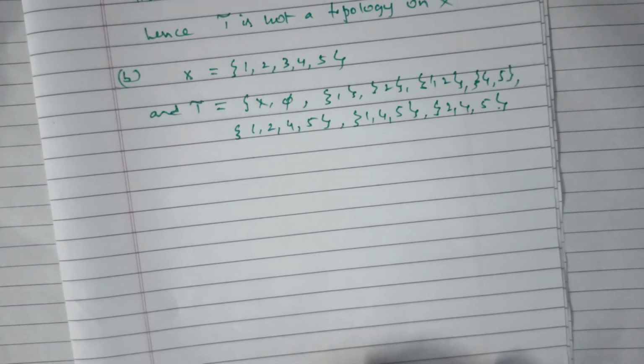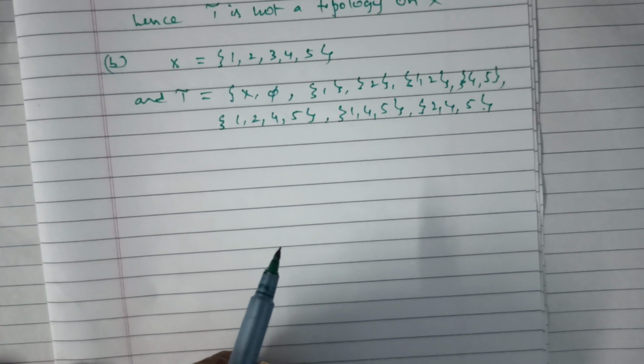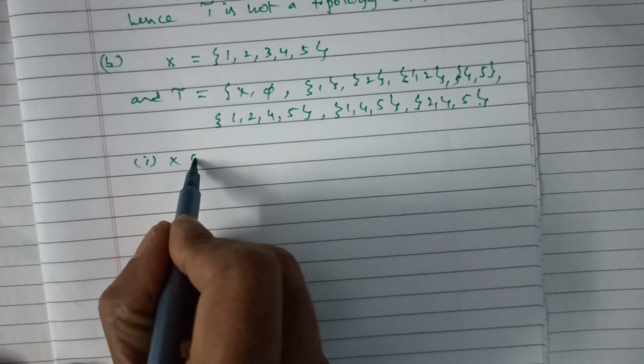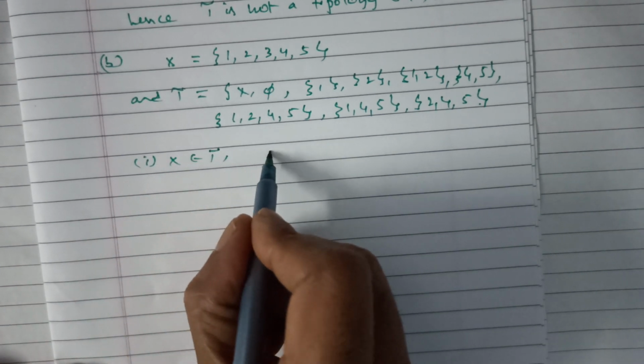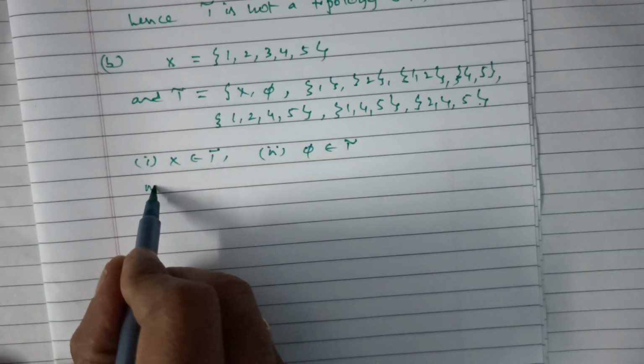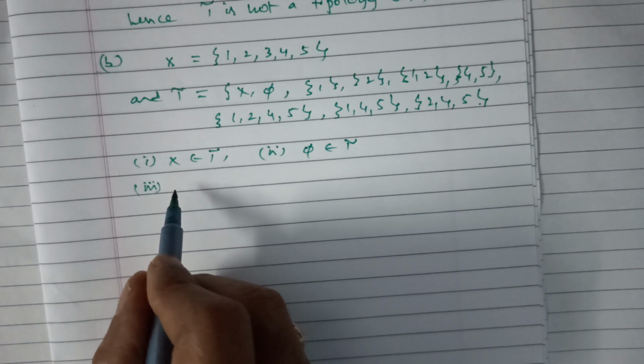So you can verify whether the four conditions are satisfied or not. Even I have tried the conditions. First one, X belongs to tau. Second one, 5 belongs to tau. The third one, union.